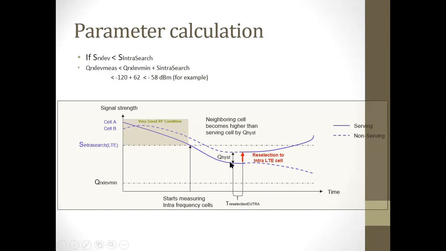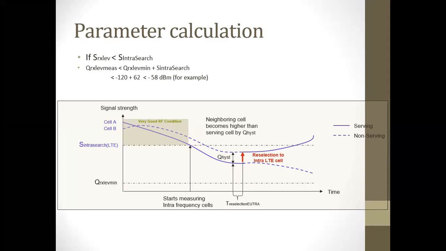Here you find that cell B has signals higher than cell A, but you don't switch readily. You start the timer, and when the timer expires, then you switch. This timer value is also given by the network, from 1 to 7 seconds.